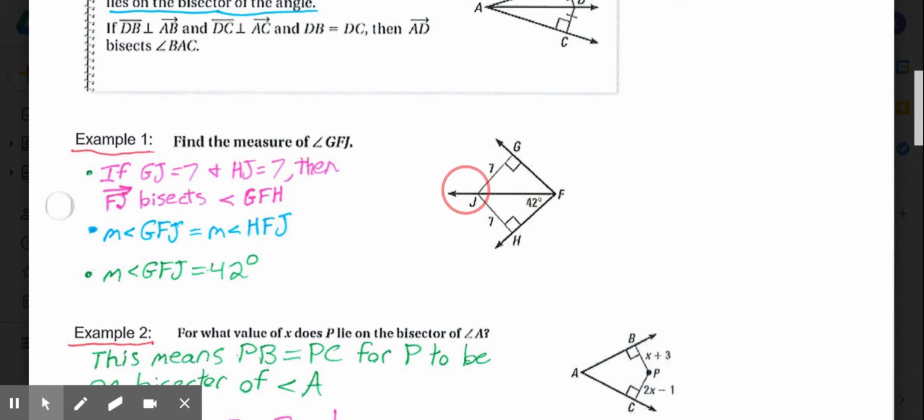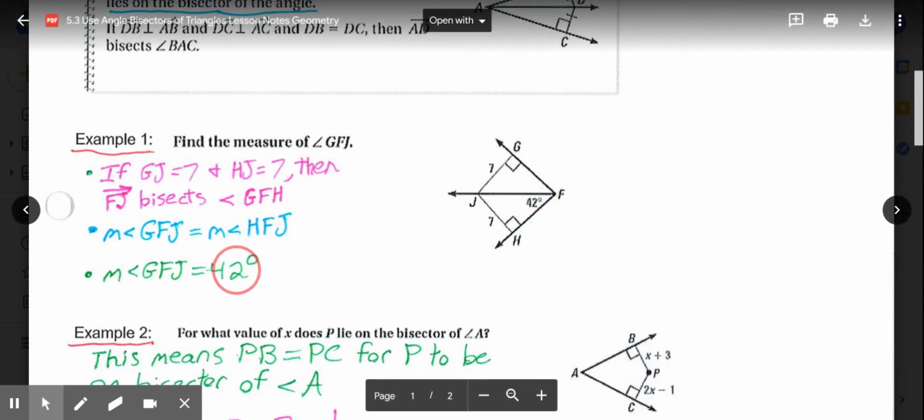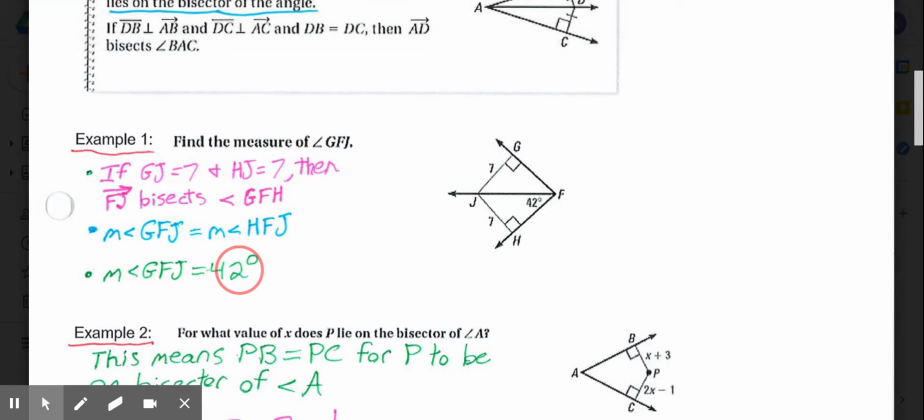So ray FJ bisects angle GFH. So that means if our angle down here, HFJ, is 42 degrees, that's equal to GFJ. So GFJ, the measure, must be 42 degrees also.